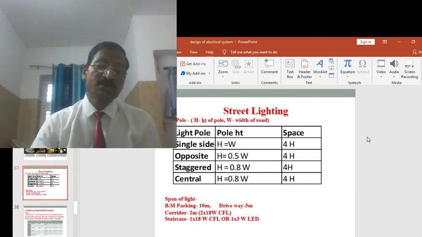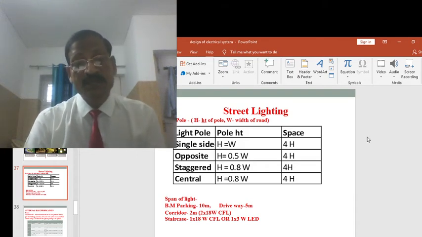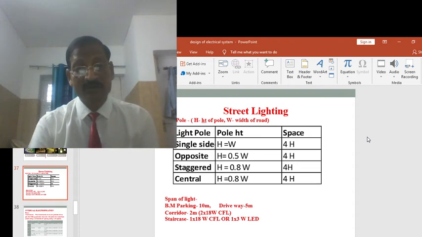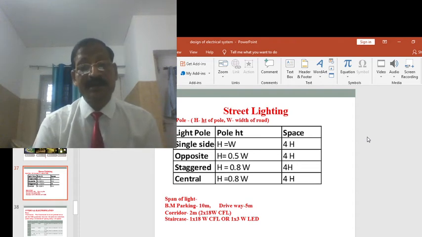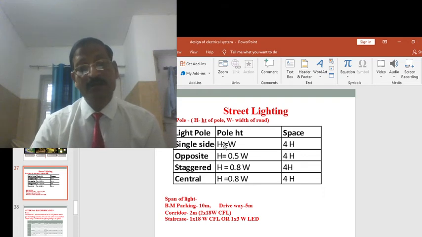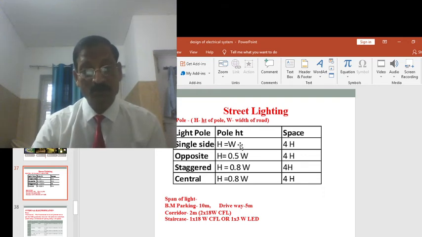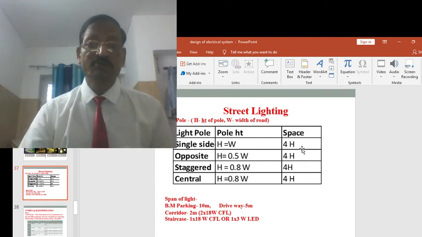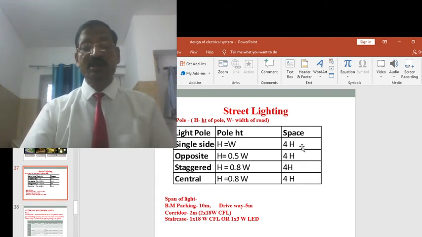Street lighting. Based on the lux level required, we calculate the height of the poles and lights. For example, if the lights are on a single side of the road, the height of the pole should equal the width of the road, and space between the two poles should be 4h, 4 times the height of the pole.